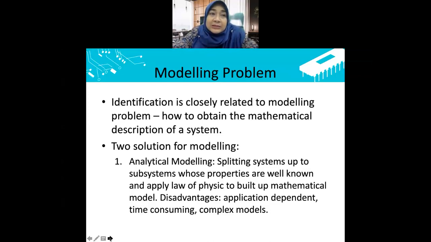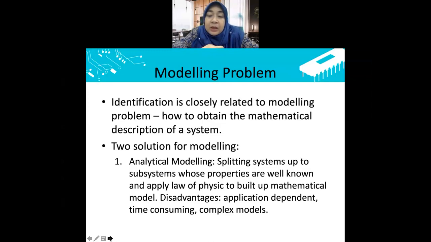Inside a car, there are several subsystems. When you want to study it, you have to split it into a very simple, very specific problem so that we can control it. I will show you later on in this class. For example, a very simple subsystem of a car is the suspension system.